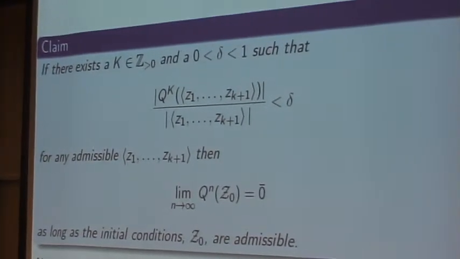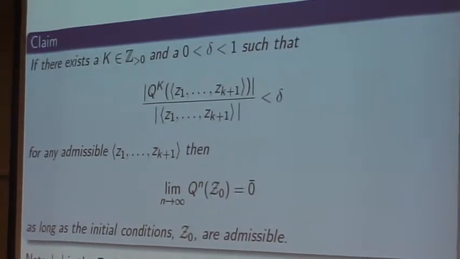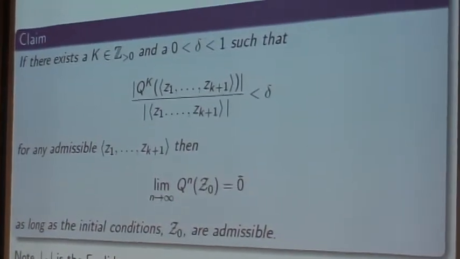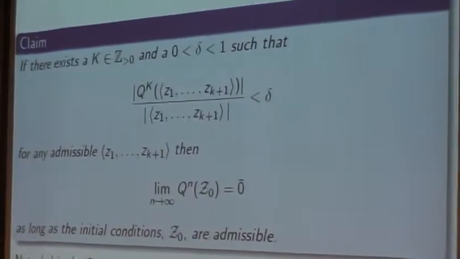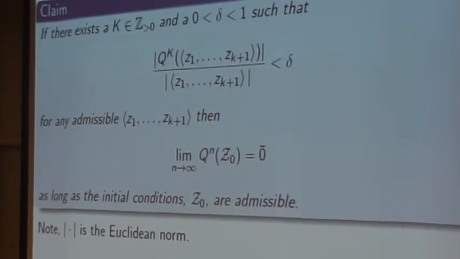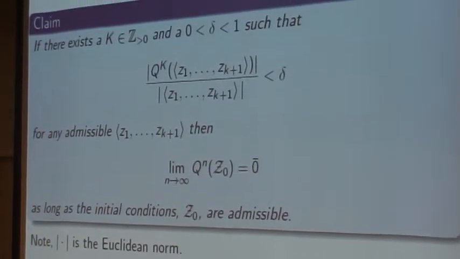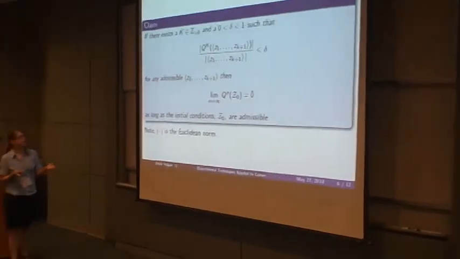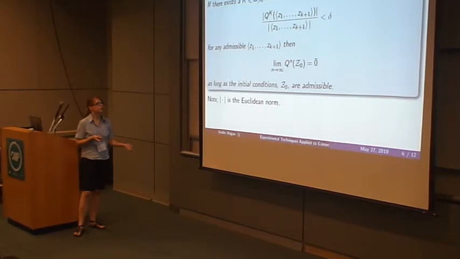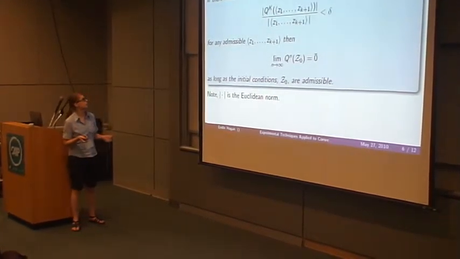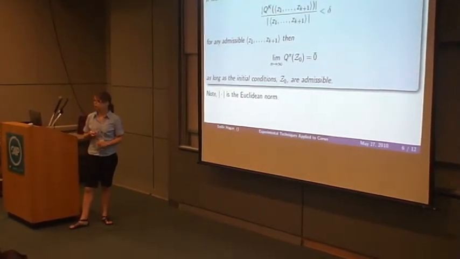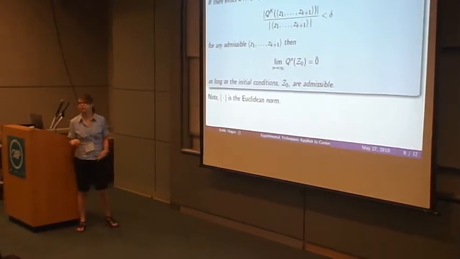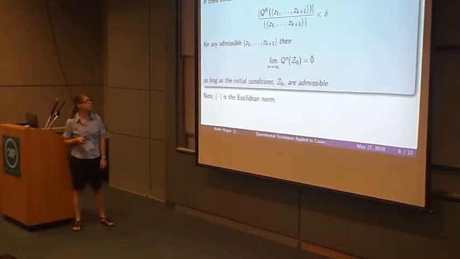So I claim that if we can find a positive integer k and a delta between 0 and 1, such that this expression here holds, that is, if we take the Euclidean norm of the q function iterated k times on any admissible vector, and we divide that by the Euclidean norm of that admissible vector, if that's less than this delta, which is less than 1, then we have this global asymptotic stability. The limit goes to 0, as long as we started out, of course, with an admissible initial condition.